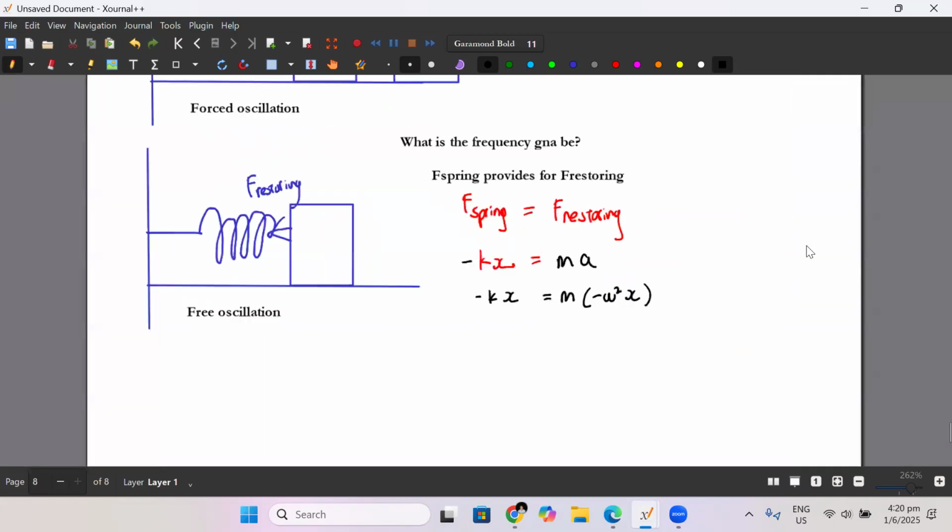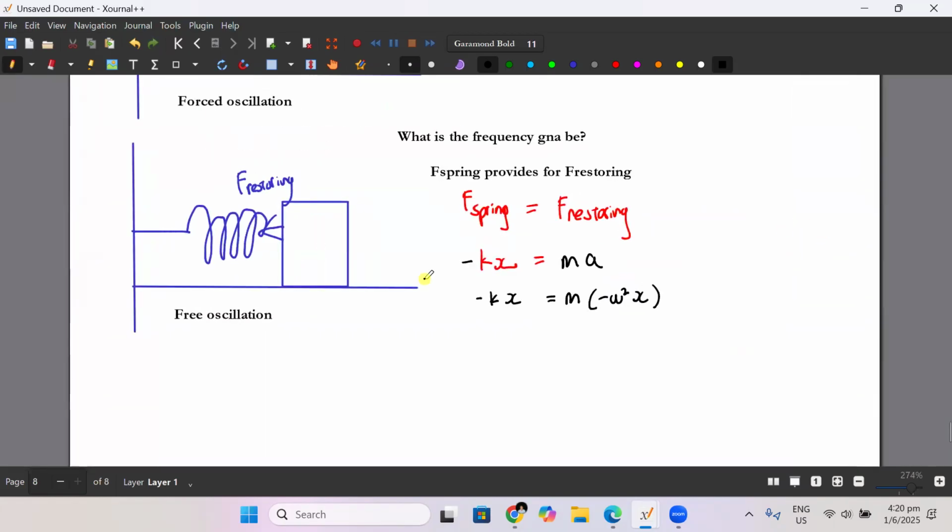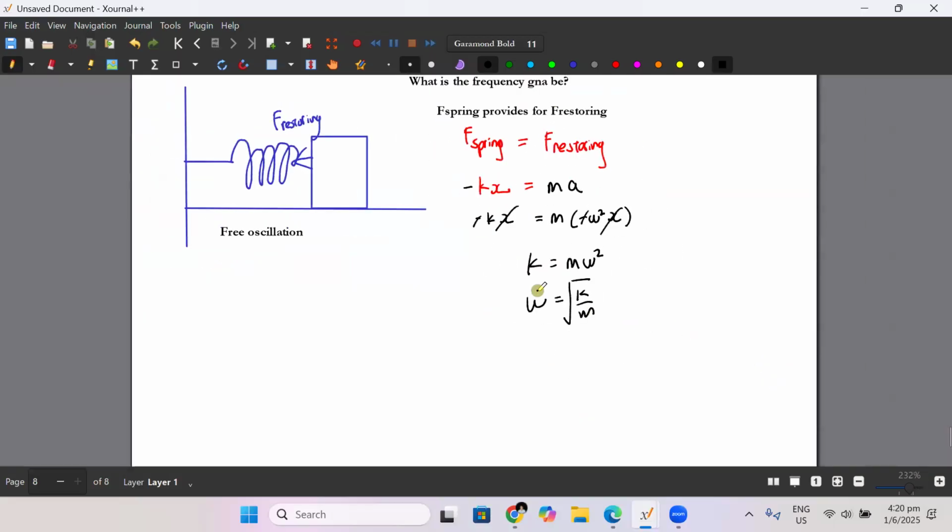Very nice. So in this case, we can cross out x, and you can also cross out the minus. So you get K equals M omega squared. We already learned this: 2 pi f is the square root of K over M. So if you want to get f, you get this.